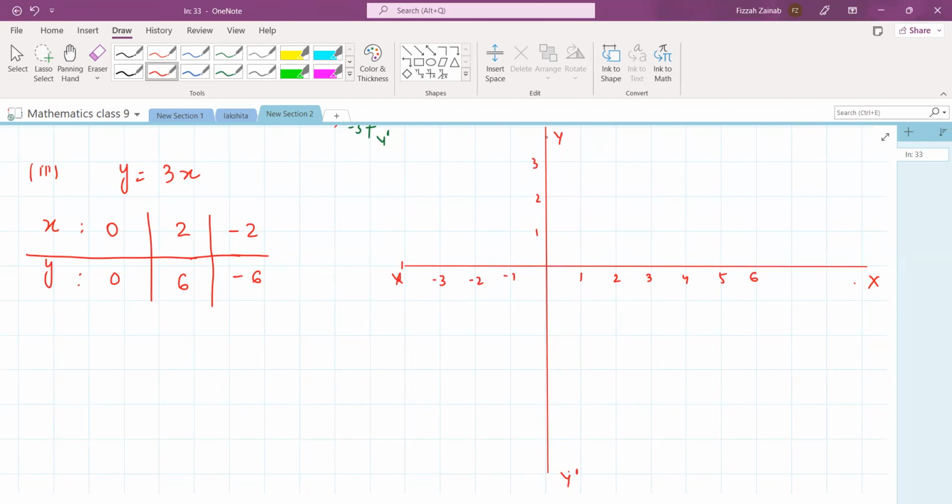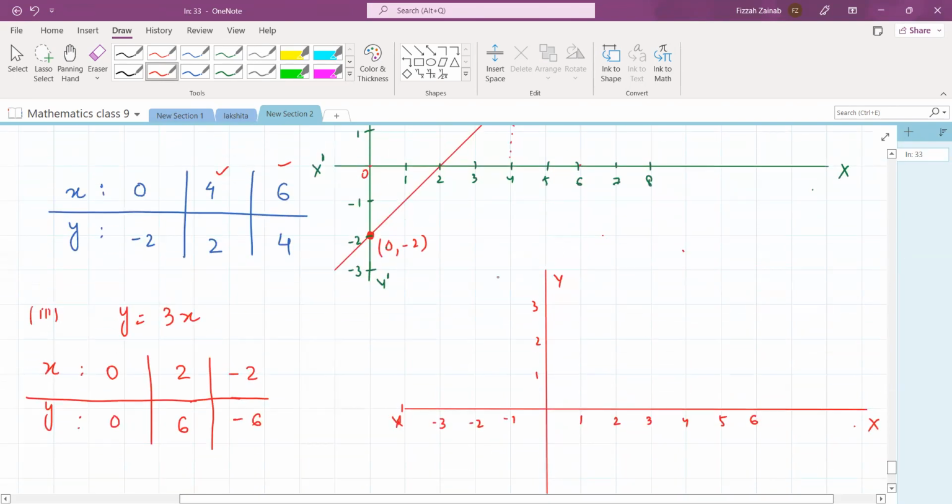Positive y is also going up to +6, so I should increase the line here: 4, 5, 6, right?